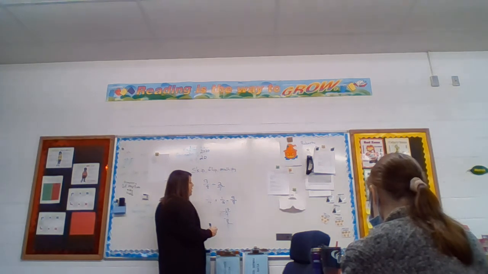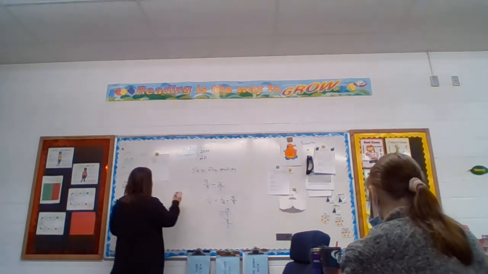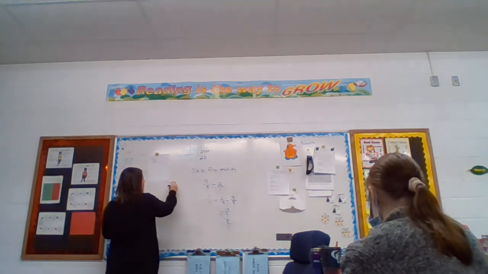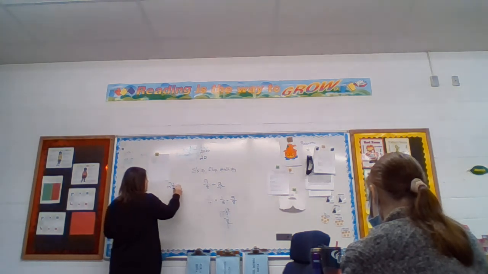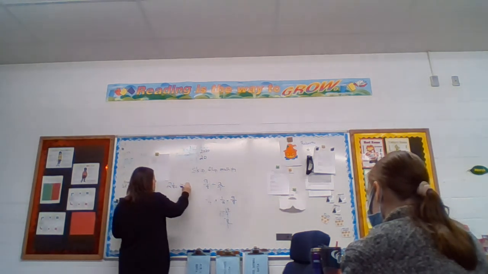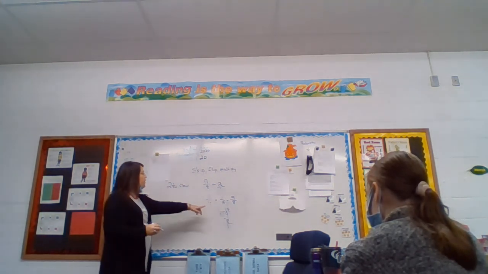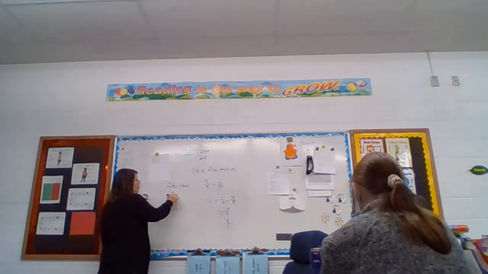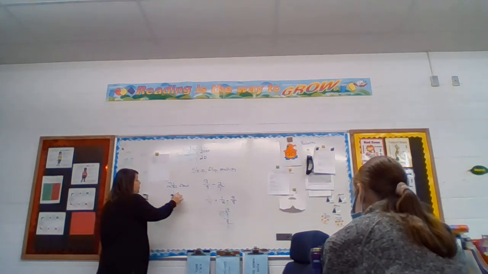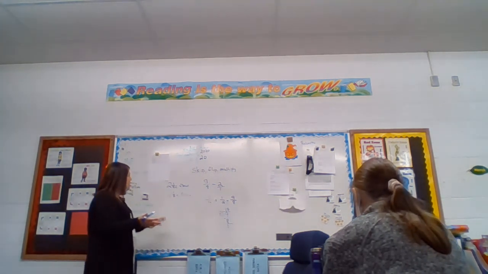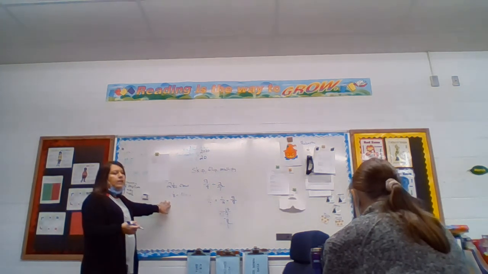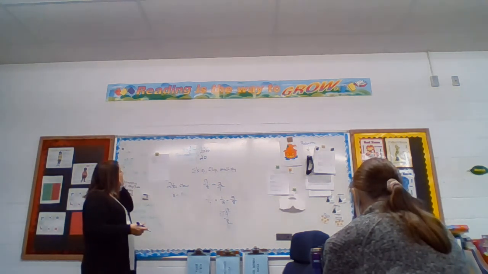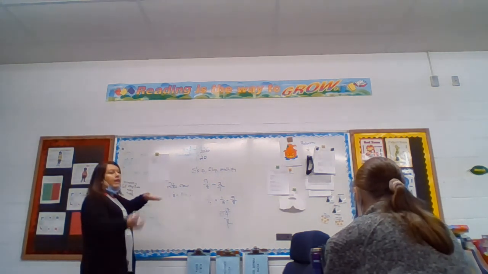So now, instead of 2 1/4 cups of flour, since we've cut it in half, we're going to need 1 1/8 cups of flour. And we can check ourselves and know that this is right because we're cutting the recipe in half.